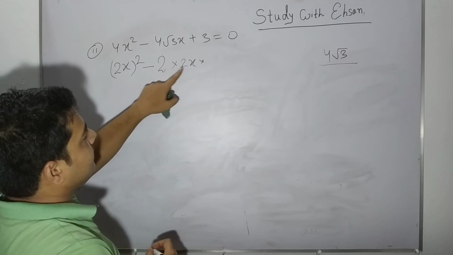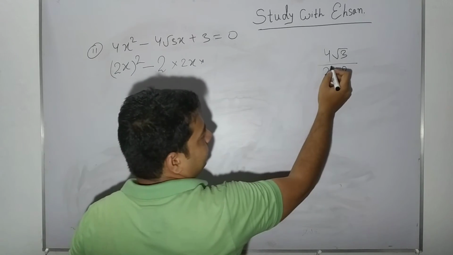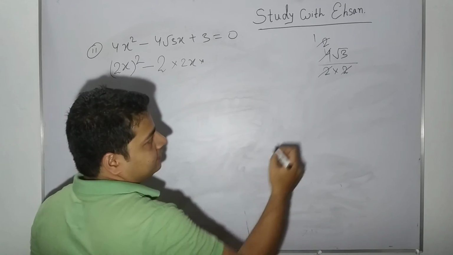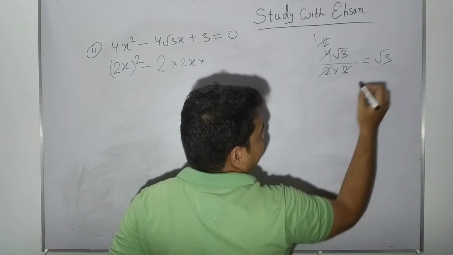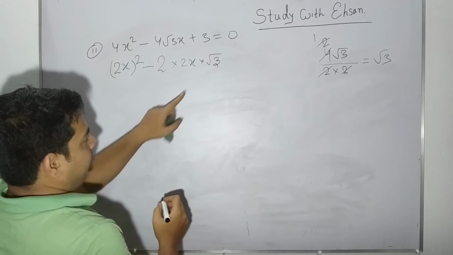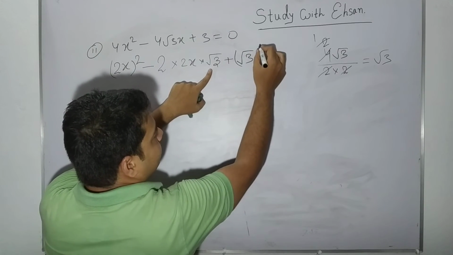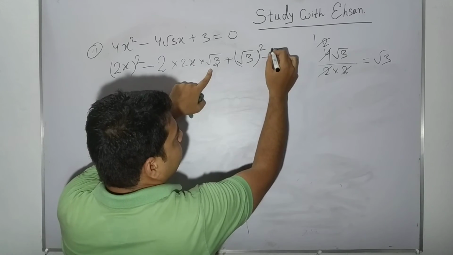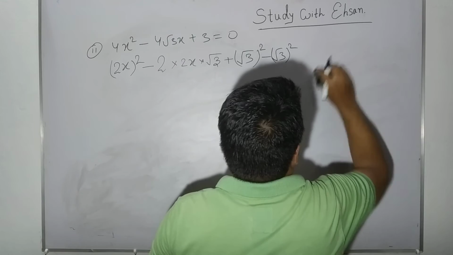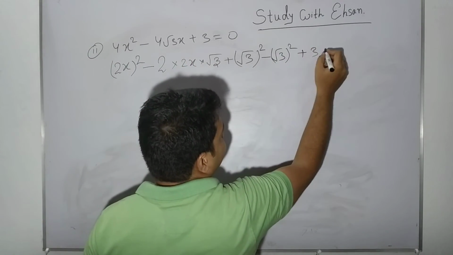Whatever we have written here, we write in the denominator, and if they are cancelable, we cancel: 2 fours are 2 ones are 2. Whatever quantity remains is the required quantity, root 3. Whatever you write here, you have to add the square of that and subtract the square of that, and then write the constant term, plus 3 equal to 0.